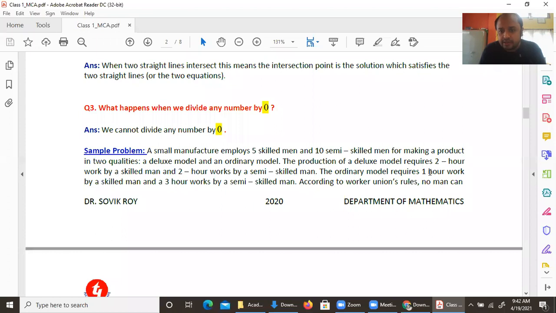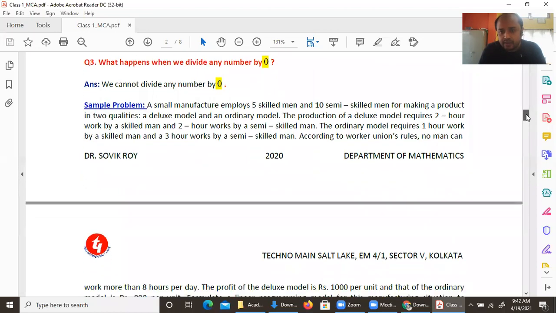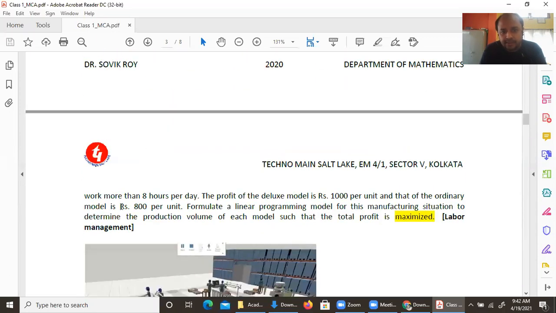The ordinary model requires 1 hour of work by a skilled man and 3 hours by a semi-skilled man. According to the worker union's rule, no man can work more than 8 hours per day. The profit of the deluxe model is ₹1,000 per unit, and that of the ordinary model is ₹800 per unit. Formulate the linear programming problem.